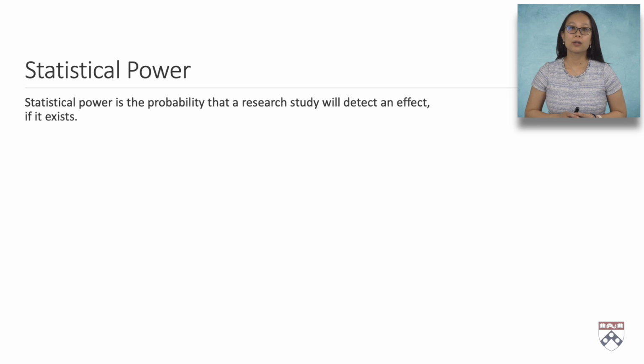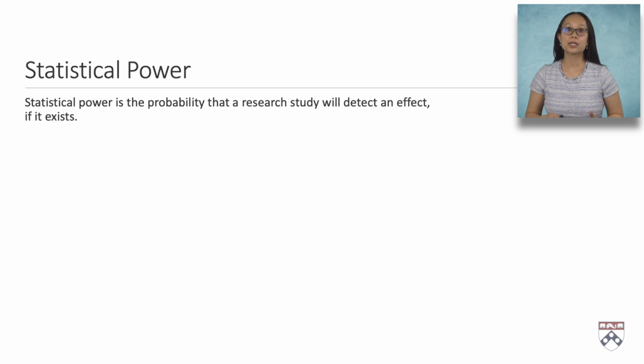Formally, statistical power refers to the probability that a research study will detect an effect if it exists. And the idea of power is typically invoked in experimental studies in which we have a certain type of intervention or treatment, and the results of the intervention are compared against a control or comparison group.